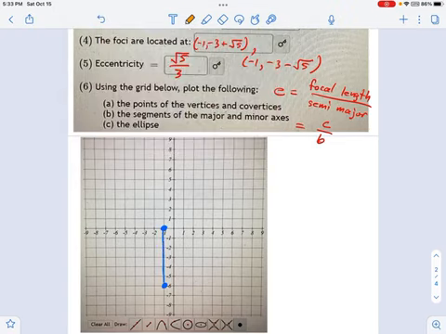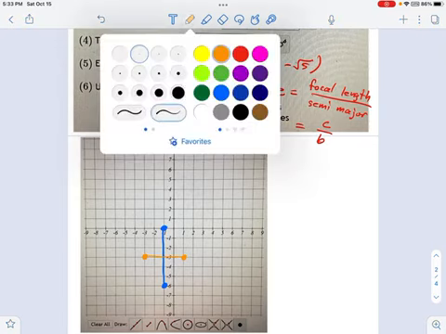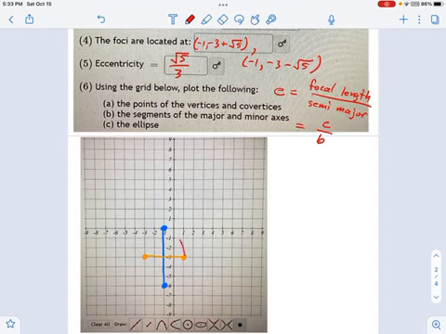In terms of the minor axis, remember the co-vertices were located at -3, -3, and 1, -3, and the semi-minor axis runs between them. And then we have our ellipse, which we can draw in here. And see, it is vertical. It's not very vertical. It's almost circular, actually. The eccentricity on this one is going to be rather small, but it is an ellipse. It goes vertically, and that's that.